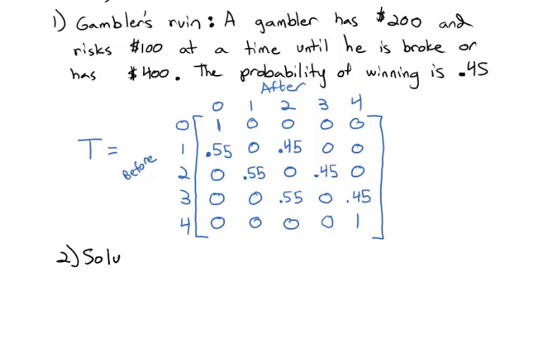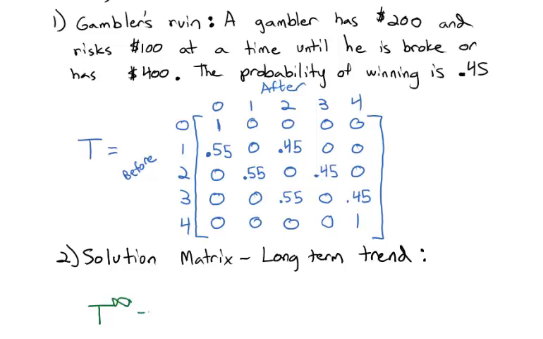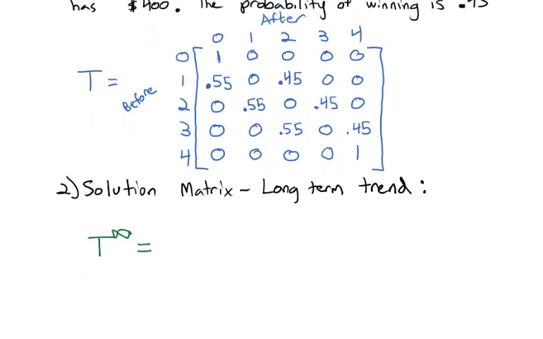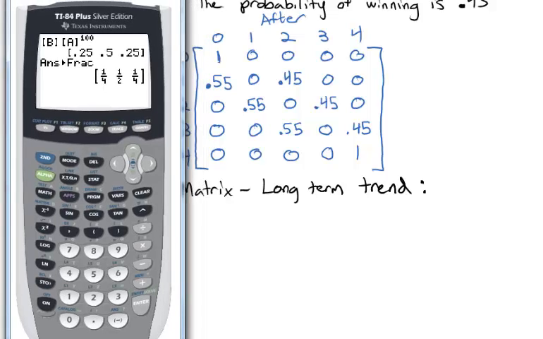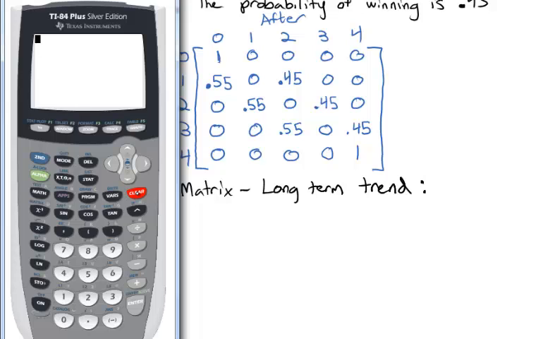The solution matrix, or the long-term trend of what's going to happen to this matrix as he plays over and over and over again. And you might remember that's when we took the transition matrix to some large power. We can't really type infinity in our calculator, but eventually this is going to level out at some equilibrium point. So let's program this on our calculator and see if we can agree on an equilibrium point.